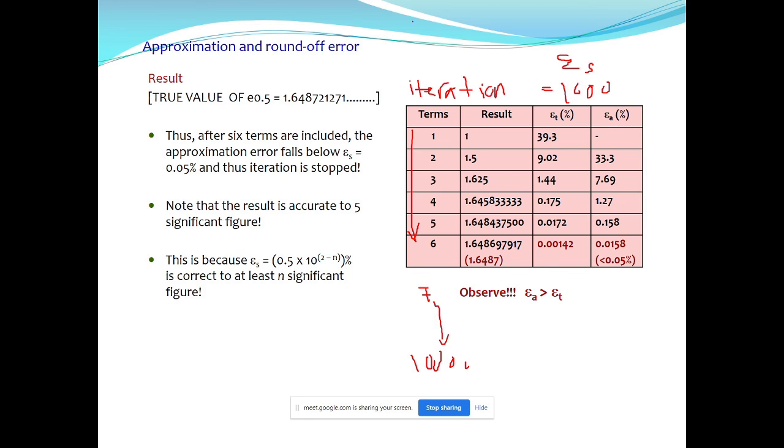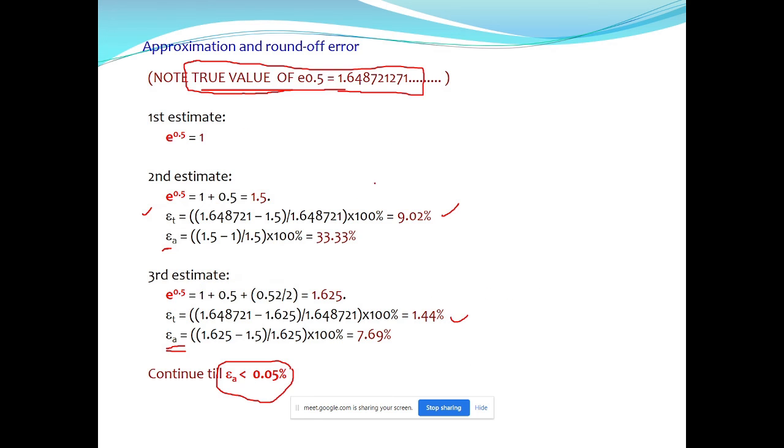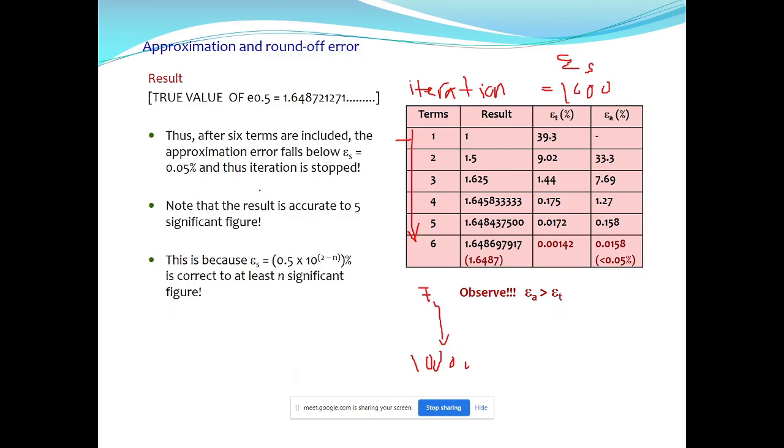Okay. So ini kalau kamu tengok, kamu buat masukkan balik 1.5, iteration pertama, kedua, ketiga. Sampai sini dapat 7.69. So teruskan lagi, 4 dapat 1.27, 5 0.158, 6 barulah less than ES. So yang ni baru kita stop. Stop maknanya that error is acceptable.